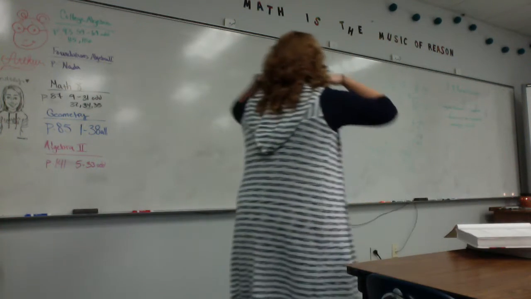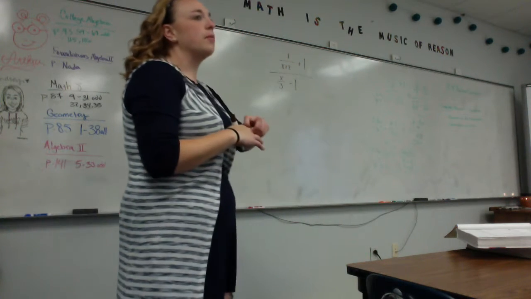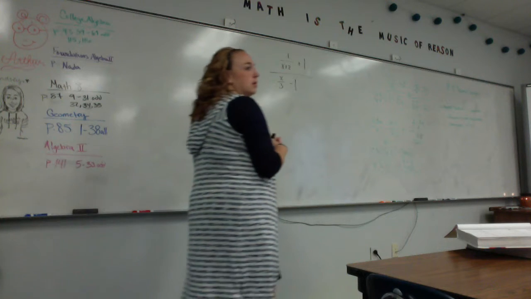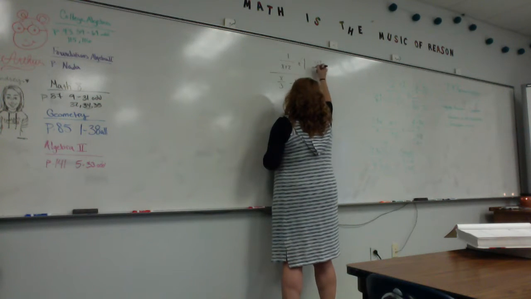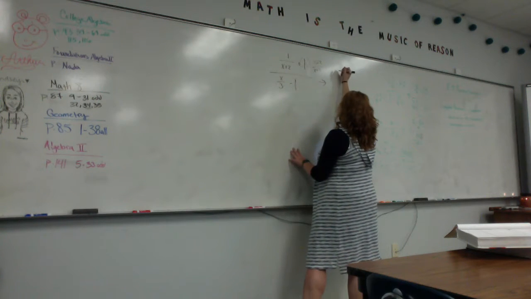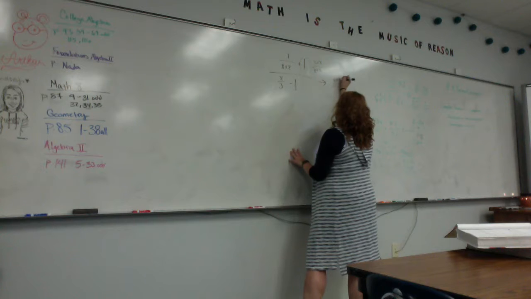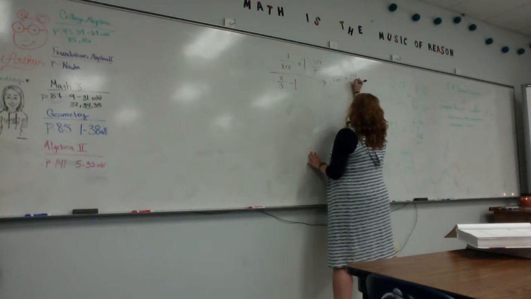How do I start to solve that? Common denominator up top. What's the common denominator up top? X plus 2. So I'm going to multiply this by x plus 2 over x plus 2, and you get 1 over x plus 2 plus x plus 2 over x plus 2.